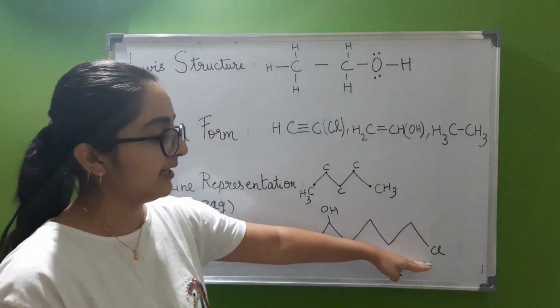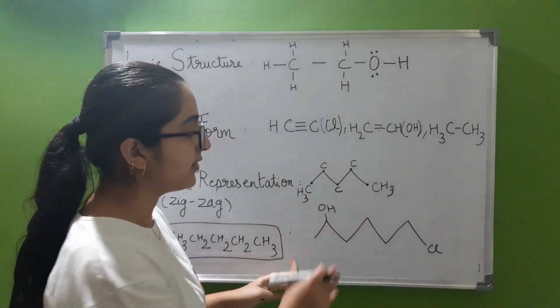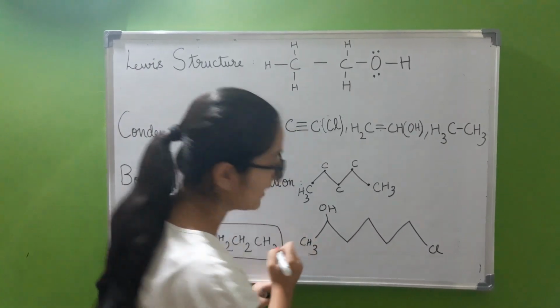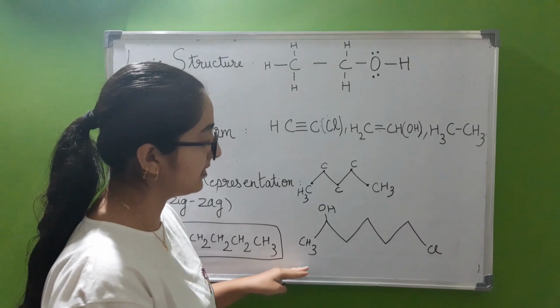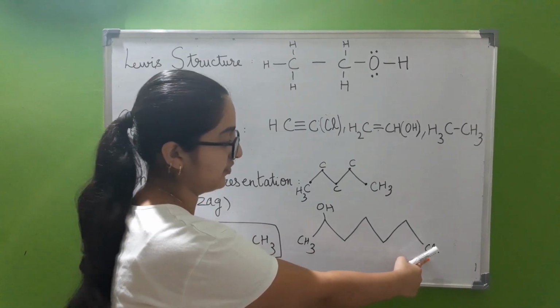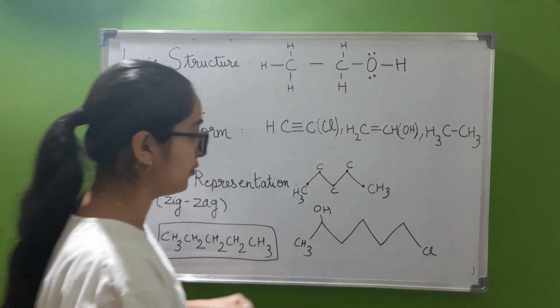So when they have mentioned an alcohol and a chlorine group, we know that here there will be a terminal CH3 attached, but here there will be a chlorine attached to it, since it's given in the question, and here there is an alcohol group attached to it.